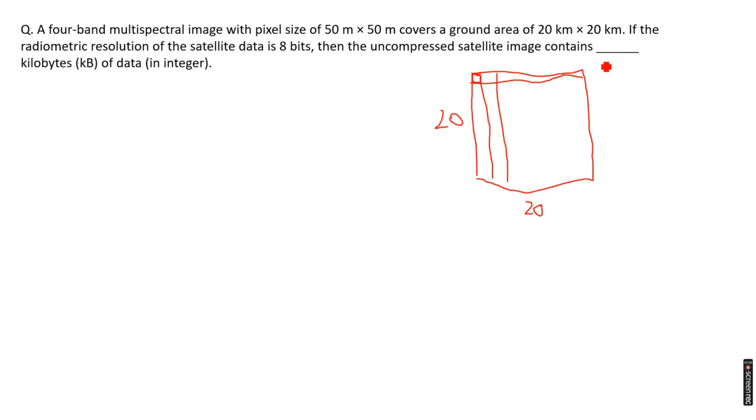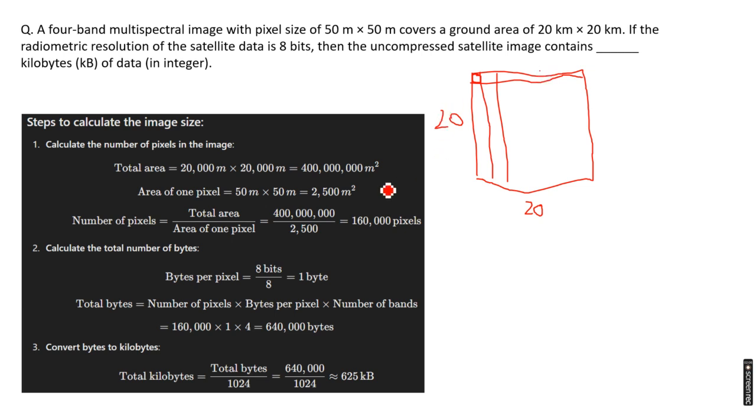First we multiply 20,000 meters into 20,000 meters divided by 50 meters into 50 meters, which gives us the answer 1 lakh 60,000 pixels.